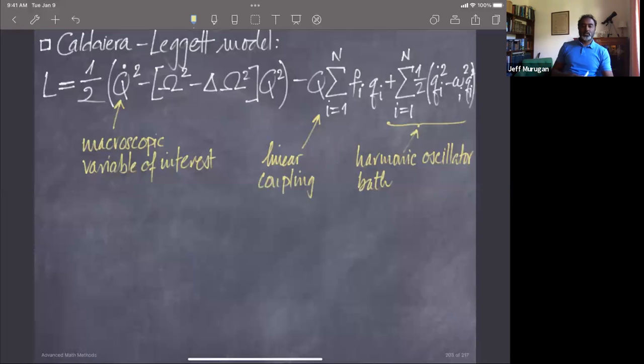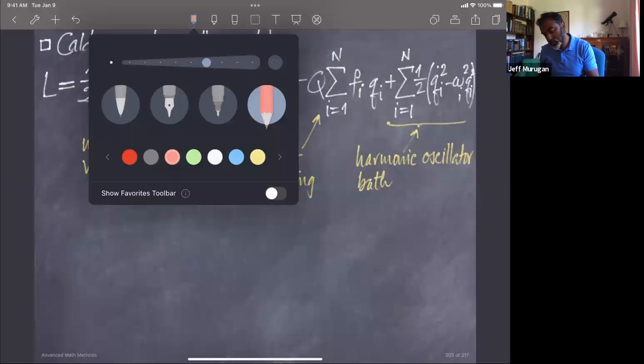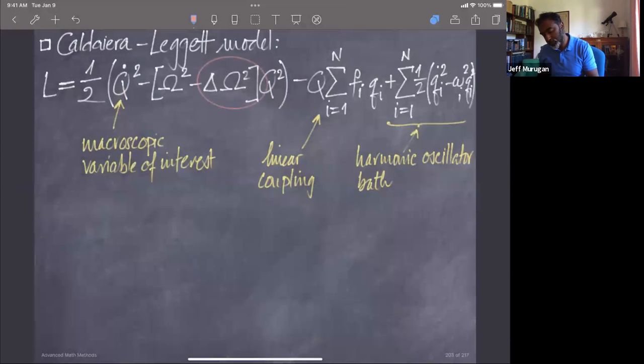The model clearly consists of some macroscopic variable, Q of t, interacting with a bath of oscillators. Now, this Q of t looks like it's some kind of harmonic variable as well, right? It's got a Q dot squared and something times Q squared in much the same way that the little q's have, except the frequency here is a little bit funny. So the question that we would ask here is, what is this term here? Where does this come from?